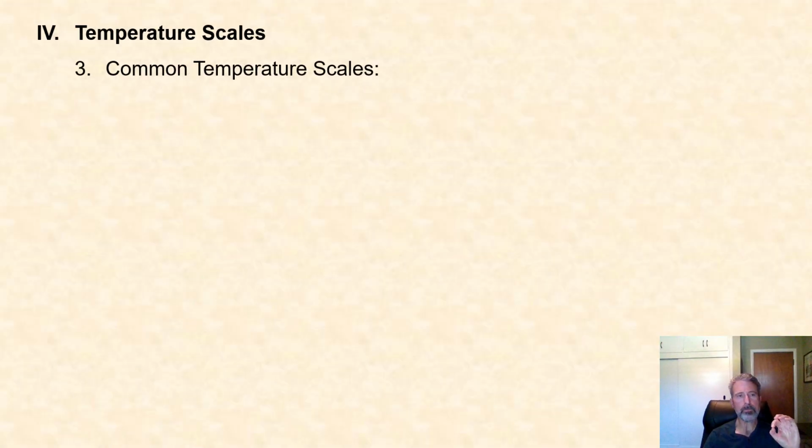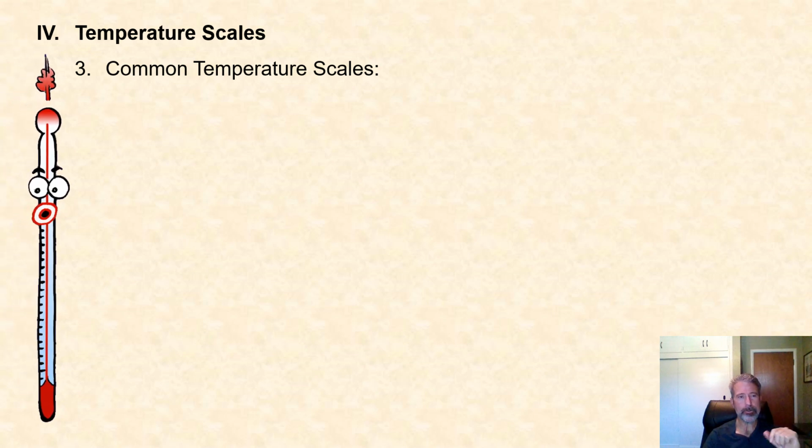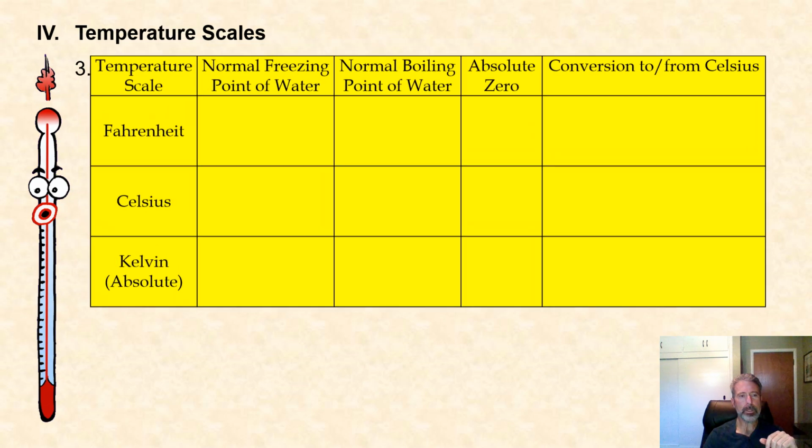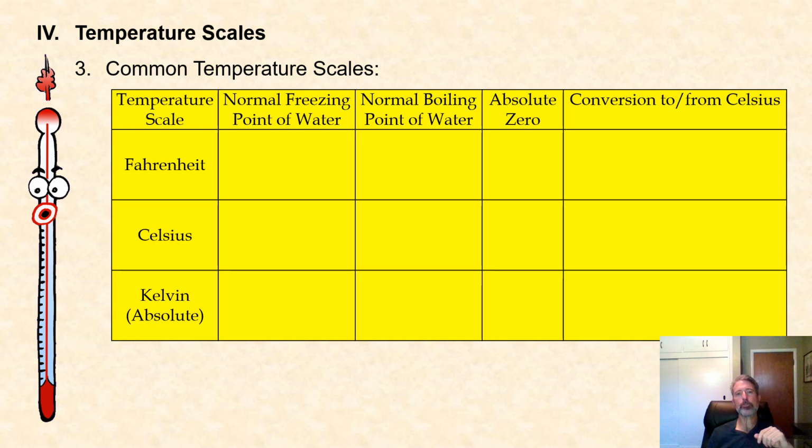Right, so there are really three common temperature scales that we will come across in this course, and in this country, that you should have some familiarity with. Theo is going to help us out here. This is the Fahrenheit temperature scale, the Celsius temperature scale, and of course the one we're talking about here, the Kelvin or absolute temperature scale. All of these scales are based upon the normal freezing point of water and normal boiling point of water.